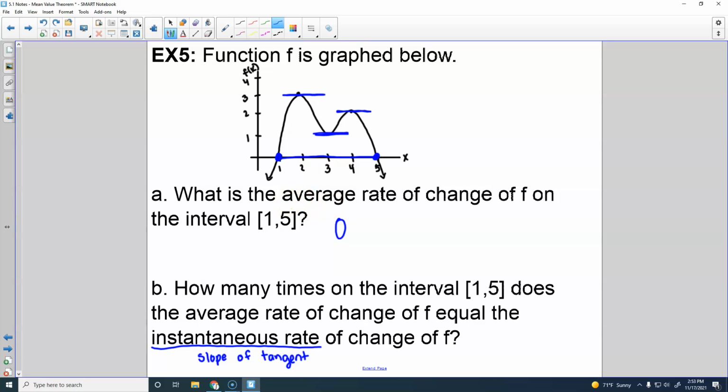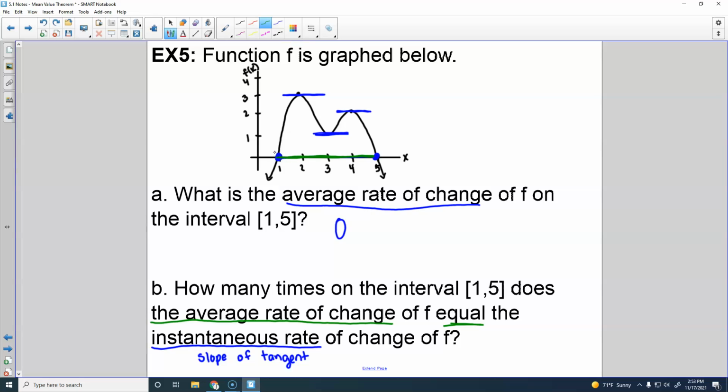Zero is your average rate of change. So it's asking how many times on the interval does the average rate of change equal the instantaneous rate of change. So average rate of change is this line right here.